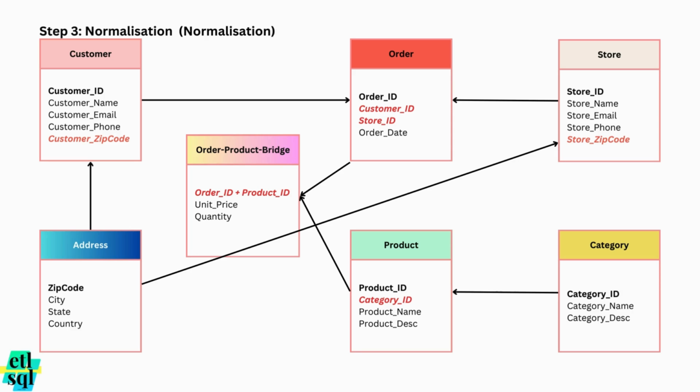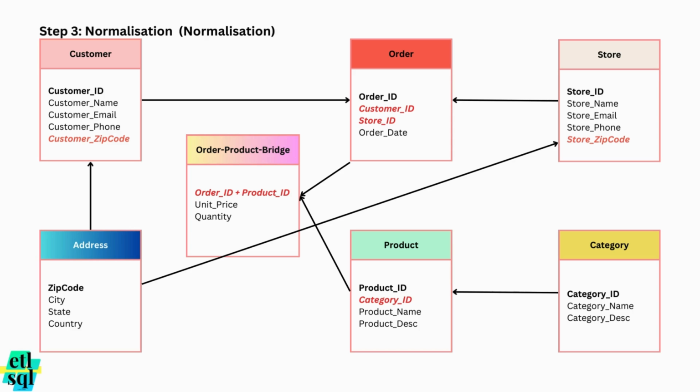So in this case, we have created a new table, which is address, and the zip code is the primary key here. And this primary key will go to the tables as a foreign key here. And now the table looks in third normal form to me. And if you are designing an OLTP system, you can go ahead, use this third normal form design and create your physical tables.